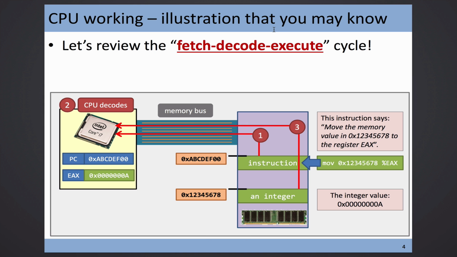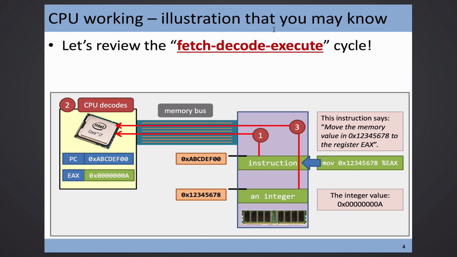first of all, who doesn't know what this diagram is talking about? I first talk about the story. The story is we have 1, 2, 3 steps. Some very old professor loves to call it fetch-decode-execute. I follow it. I think that you were taught by that guy. The old story is you have an instruction or a piece of memory. This is an instruction, and the instruction may be of this assembly code.